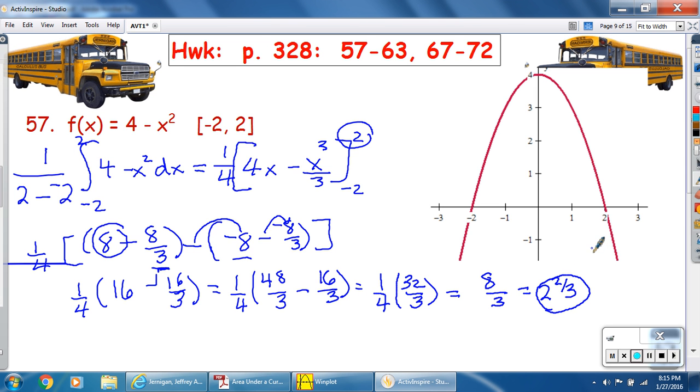Now remember, the average value is a y value. So if I come over here to this graph and I go up 2 2/3, which is about right there, and I go over, and I'm going from -2, this is kind of ugly, but bear with me, to 2.